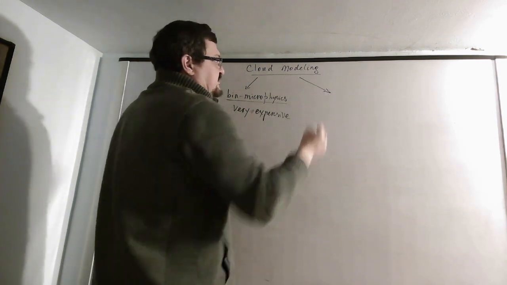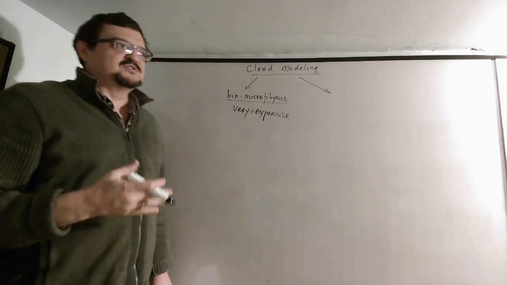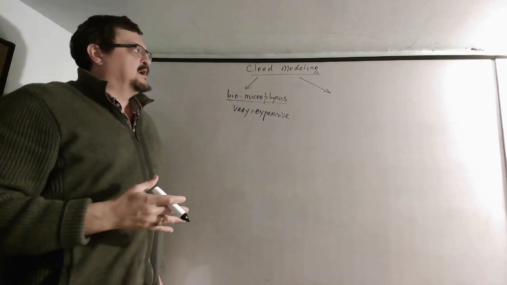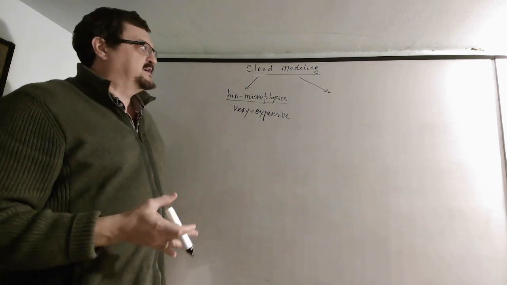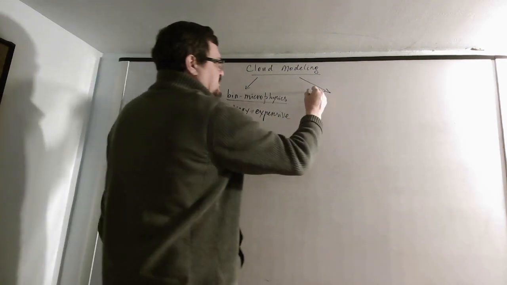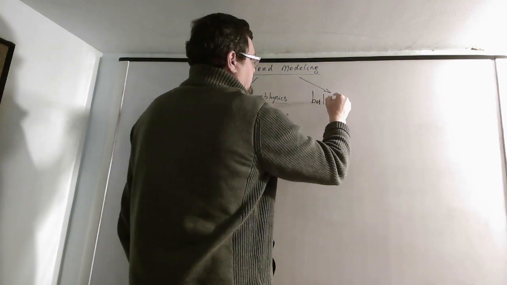Another approach, which is currently very common and used in most models, in all weather forecasting models, in all climate models, everywhere, is so-called bulk microphysics.